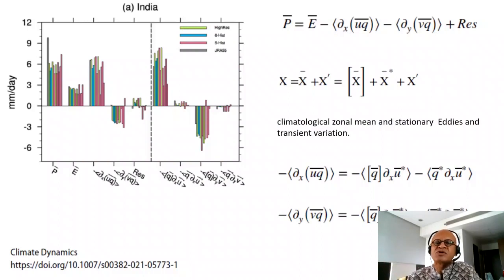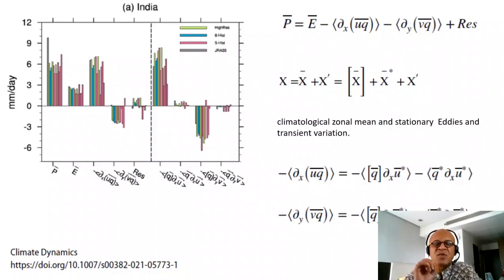So what is the point of showing this? Basically, when we look at such details, you are better able to resolve where models differ or agree or disagree with observations or reanalysis in terms of the dynamics, large-scale circulation versus local convective circulation, large-scale moisture transports versus local vertical transports of moisture converting to precipitation efficiency and so on.